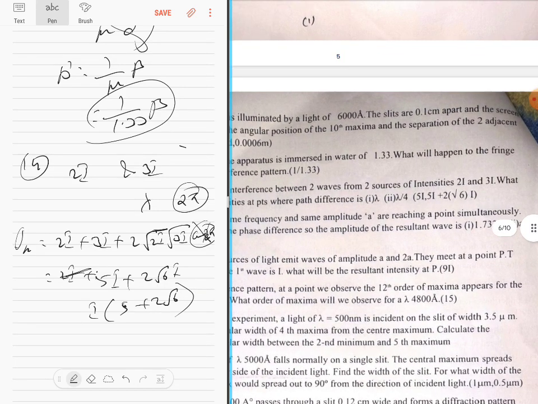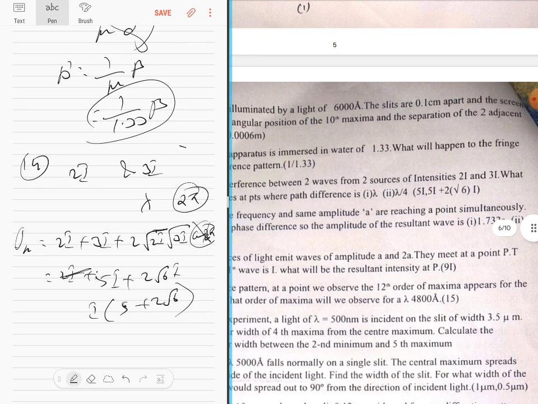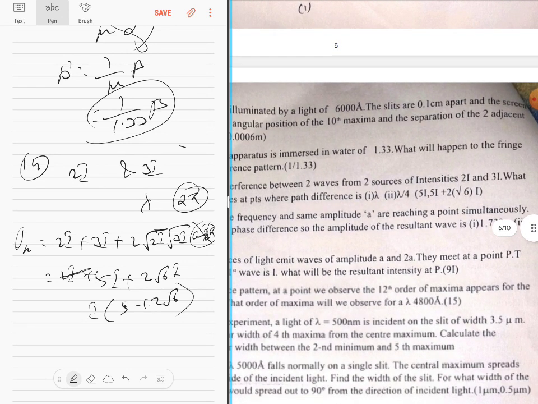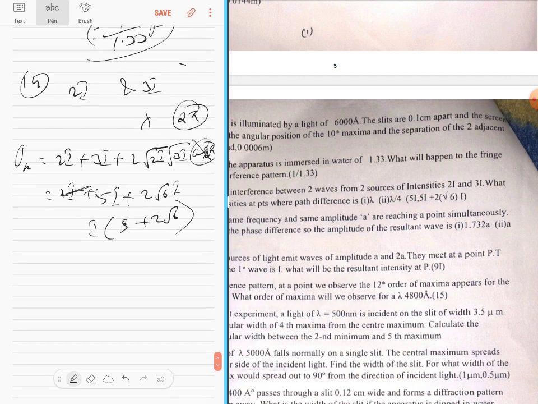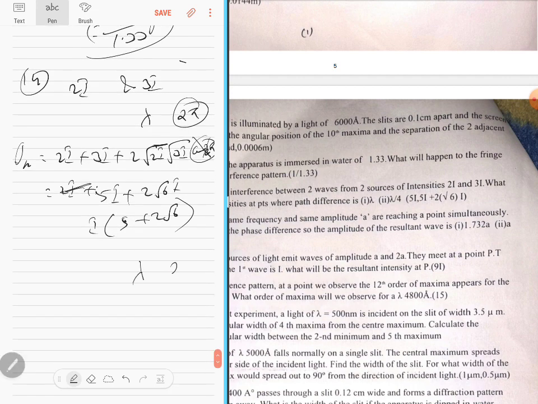Let's see what the answer is. Yes, 5 plus 2 root 6 into I. That's the answer for when I'm considering lambda as the path difference. The next case is lambda by 4. Lambda is the path difference for 2 pi being the phase difference. For lambda by 4, what will be the phase difference?